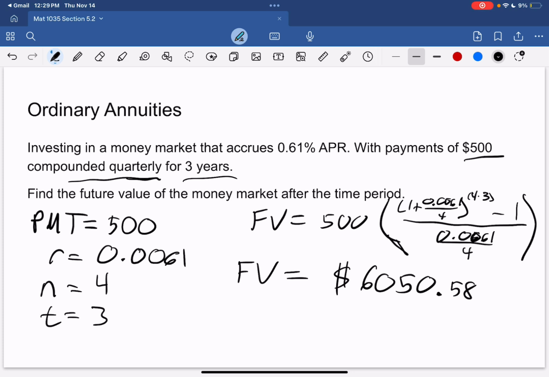Because it's an easy way to check yourself, and you don't have to be exact when you're checking, but you can kind of think, okay, well, if I'm making $500 payments quarterly, so 4 times a year times 3, that's 12. Well, that is $6,000, right? So I drew $50 worth of interest on what I paid in. So that answer does make sense. Okay, so that's just an easy way to check yourself, but the answer is $6,050.58.